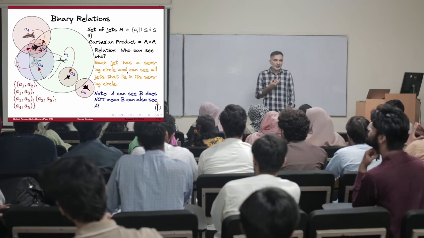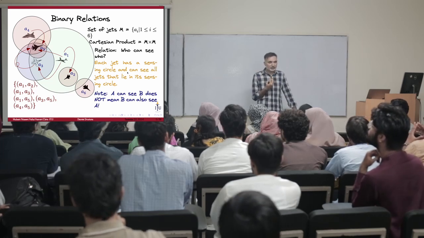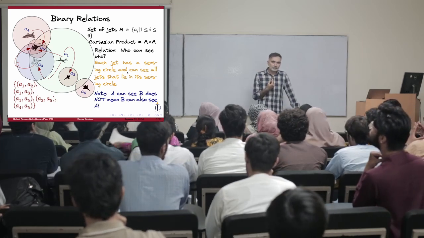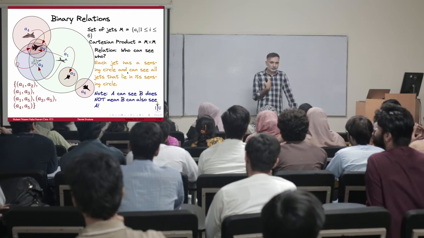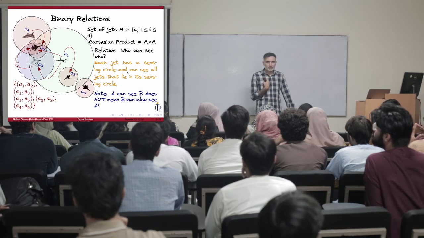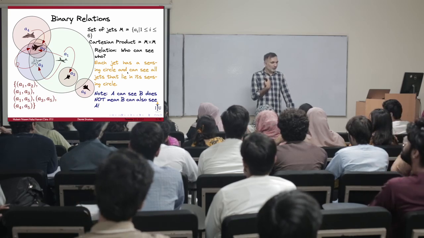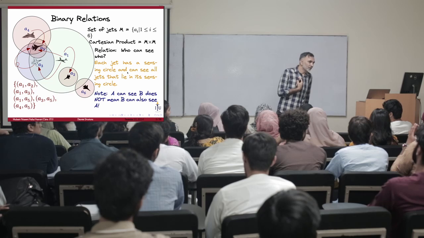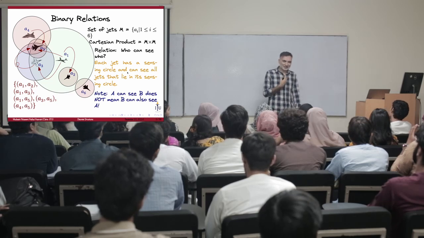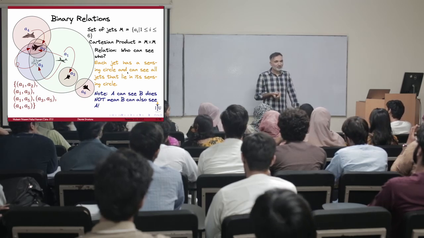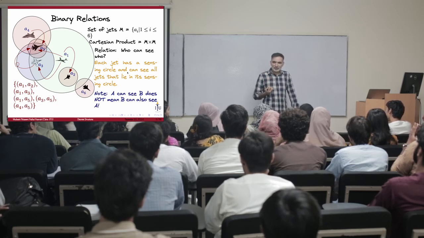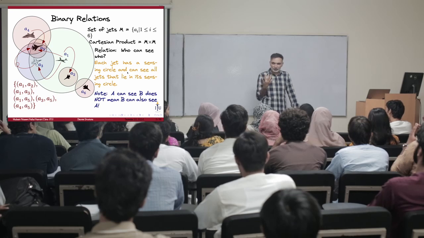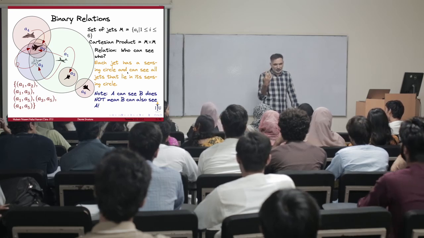Can you guys think of another example of relations in real life? Parent and child. Yeah, parent and child is a relation too. Nice. A simple example is social media. People on social media, if they are connected, you can have a relation between them.